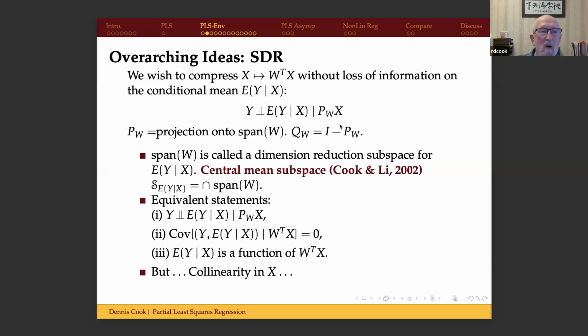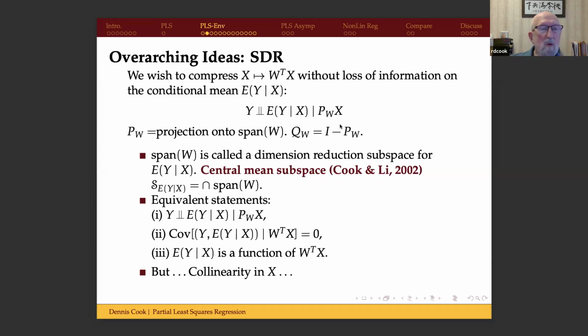If you have collinearity in X, the methods available in the literature for estimating the central mean subspace, for doing sufficient dimension reduction, don't perform so well. In the early years of sufficient dimension reduction, the simulations that were published nearly always had the covariance matrix of X equal to the identity, because that minimizes the collinearity.